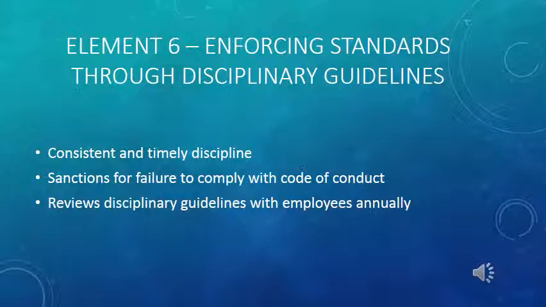Guidelines should include sanctions for failure to comply with the Code of Conduct, failure to detect noncompliance when routine observation or due diligence would have provided notice, and failure to report actual or suspected noncompliance. The practice should review disciplinary guidelines at least annually with all employees, and the information should be readily available for review so that employees are well aware of their obligations.